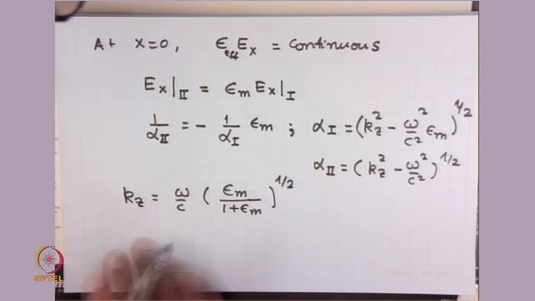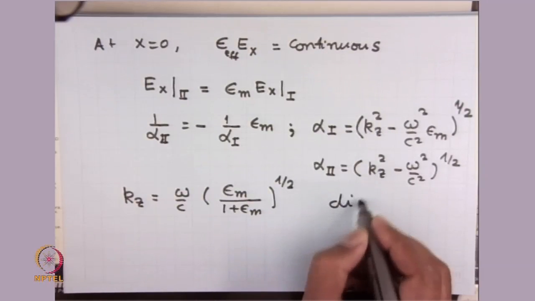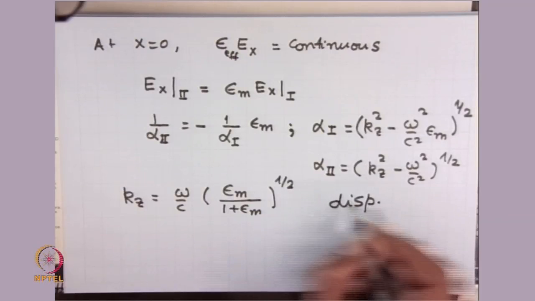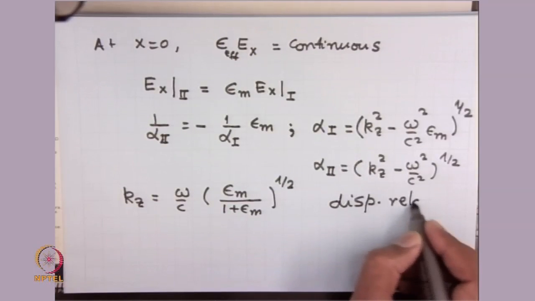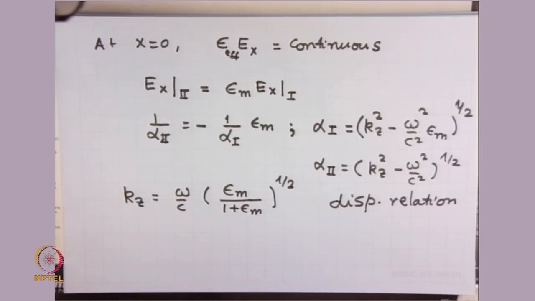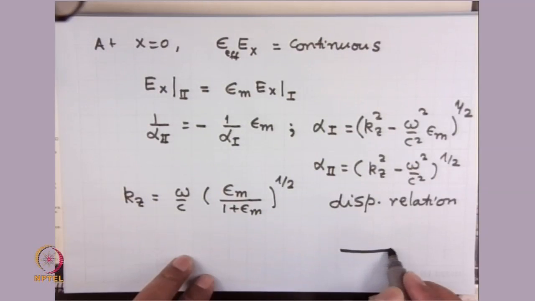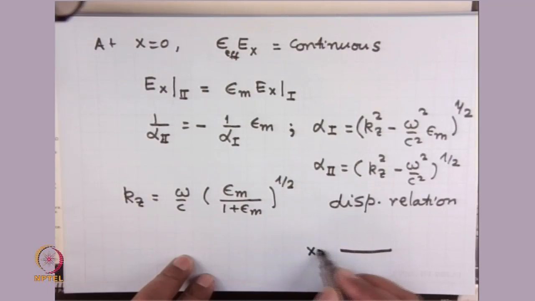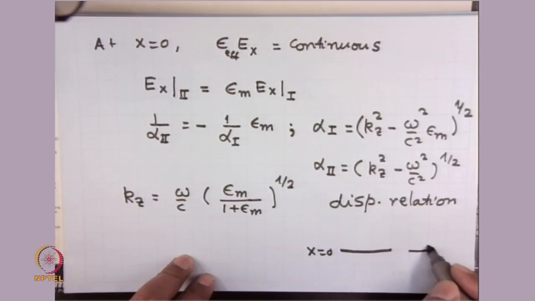This is the dispersion relation for the surface plasma wave. But we recognize that if the field amplitude has to decay away from the interface, recognize that this is my interface, x equal to 0, and this is my x direction, vertical direction.